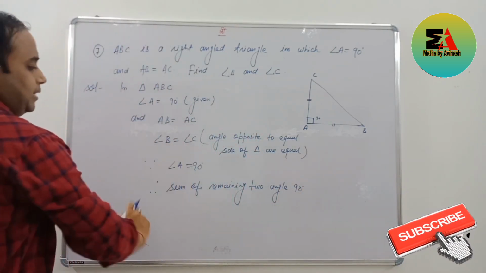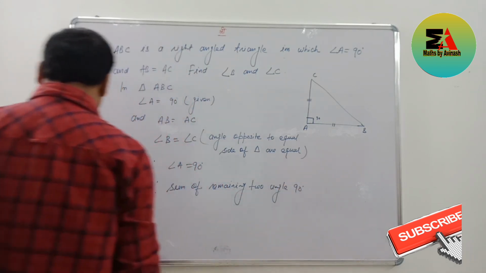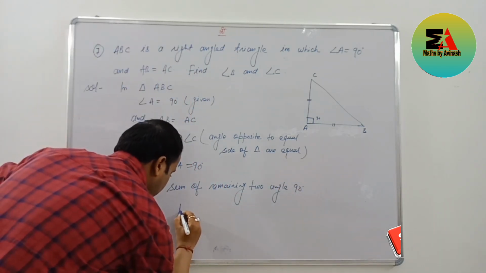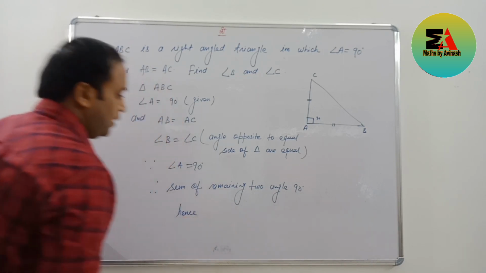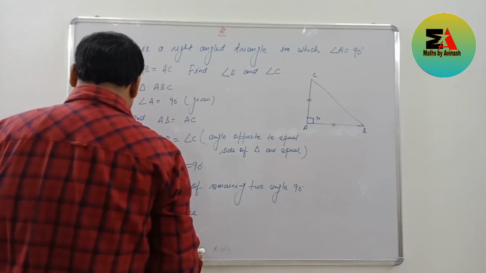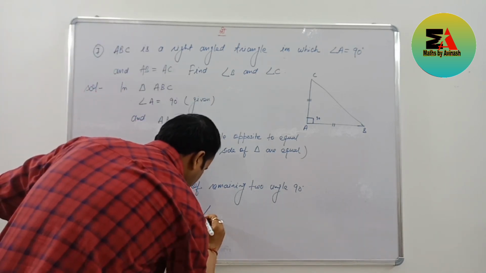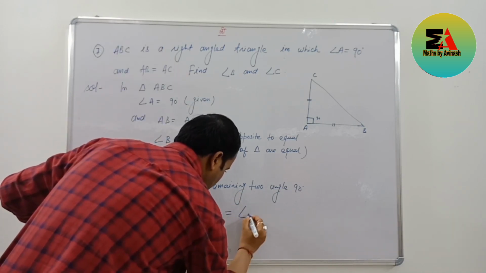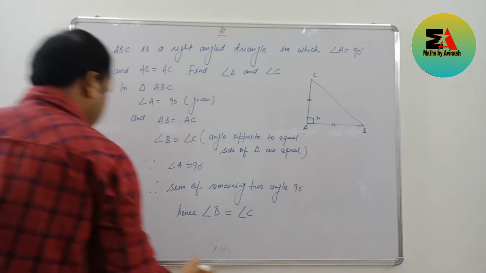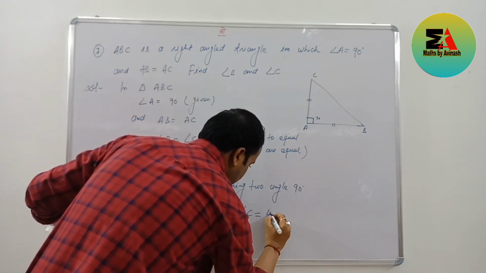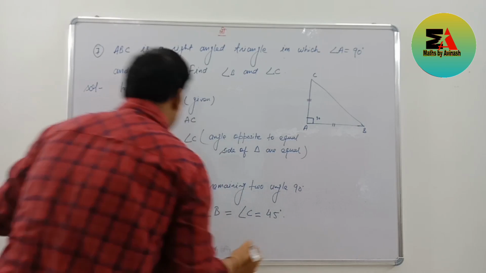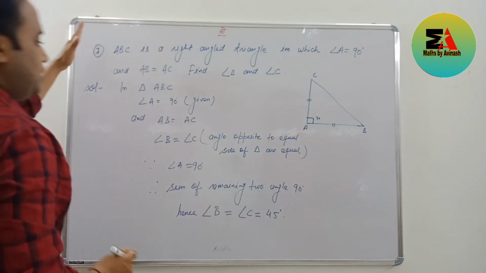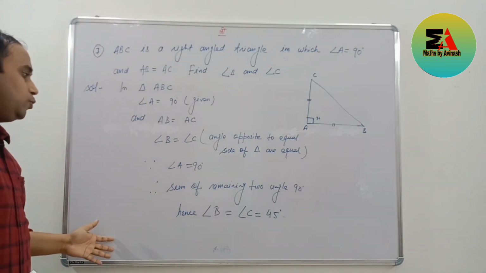If one angle is 90, then the remaining two angles have a sum of 90 degrees. Hence angle B equals angle C is 45 degrees. I hope this solution is clear to you.